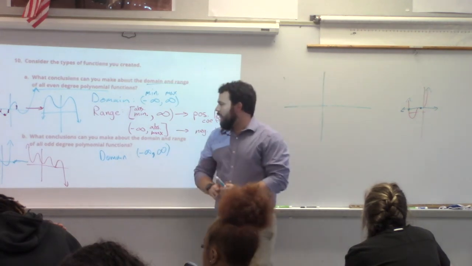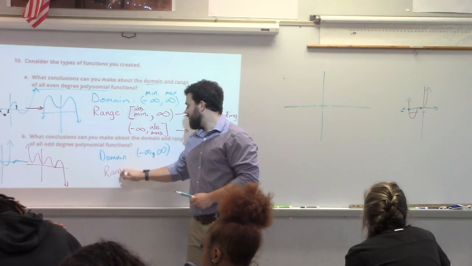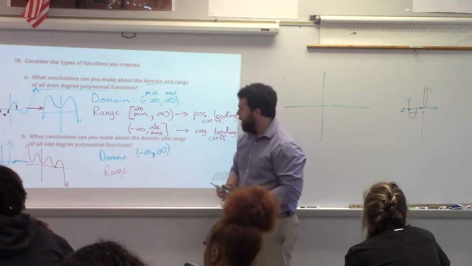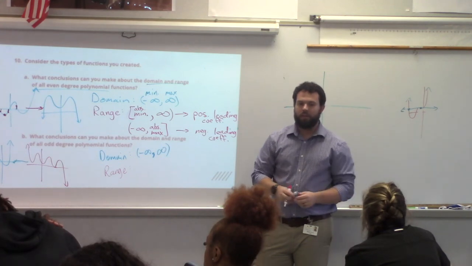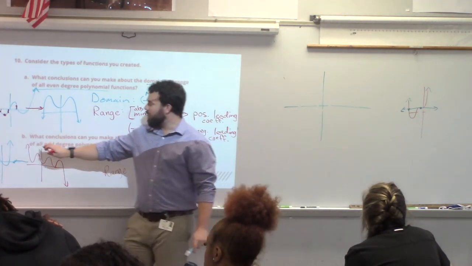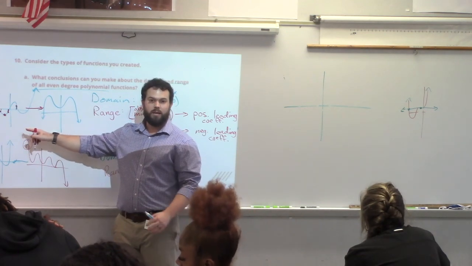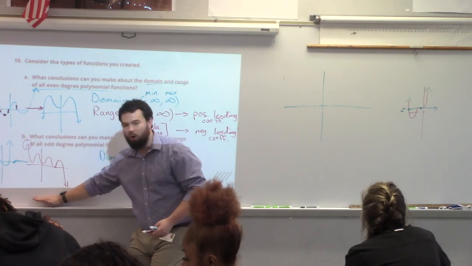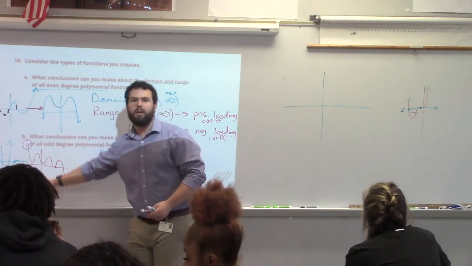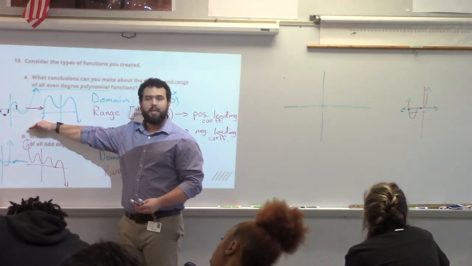Okay, range. Well, what always has to go first? The minimum, right? It doesn't matter on the left-hand side if it's going up. Remember, if we're talking about interval notation, we need the lowest, right? So it's always from a negative infinity up to a positive infinity. And that's what you have to be careful about.